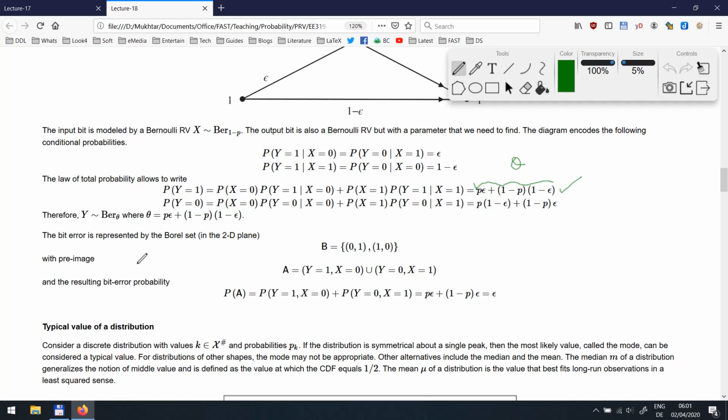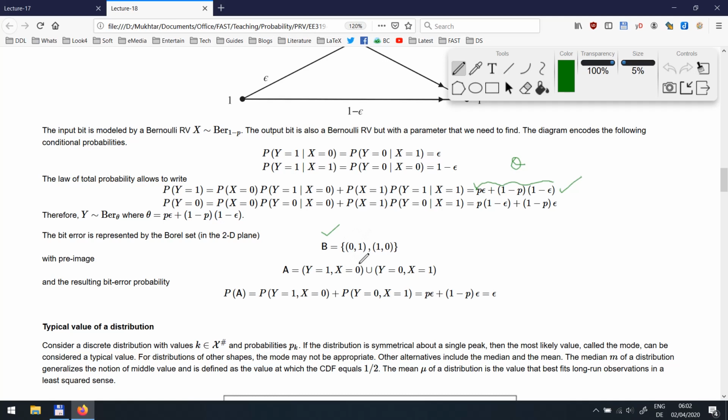Of course, if I need to assign probabilities to this Borel set, I need to invert it. So I need to work out the pre-image. The pre-image, let's call it A. Remember, I cannot say x inverse or y inverse, because it's a combination. Both x and y are responsible for this set B. So I cannot say x inverse of B or y inverse of B. But I know what I'm doing. I know where this pair will come from. So 0 sent, 1 received.